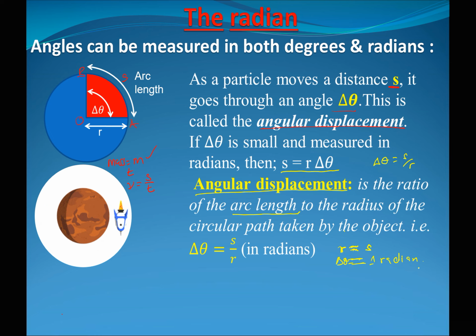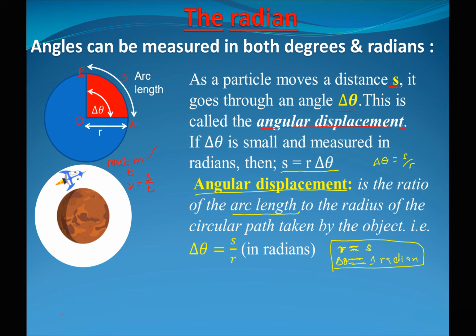Remember, delta theta is the angular displacement measured in radians, and we said if delta theta is so small and measured in radians, then s is equal to r delta theta. I have shown you that using trigonometry. If at any point r is equal to s, this will cancel out and give us 1 because r and s are the same in magnitude. So delta theta will be equal to 1 radian. So this helps us to define what we call a radian.